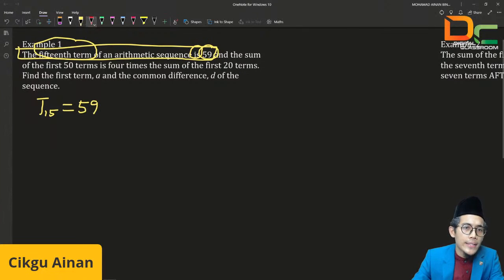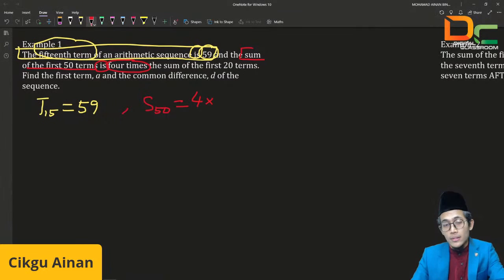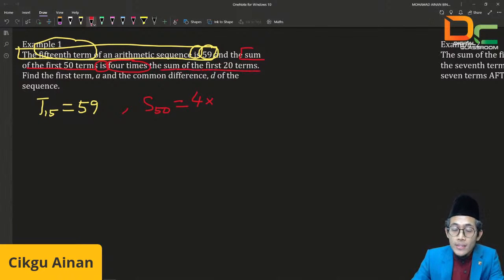And then next, the sum. This one is important. The sum of the first 50 terms is equal to 4 times something else, which is the sum of the first 20 terms.